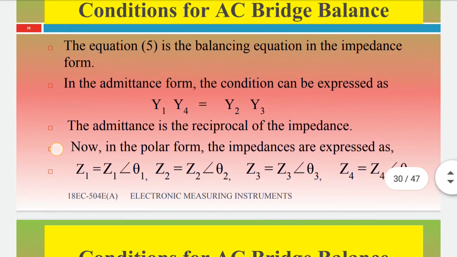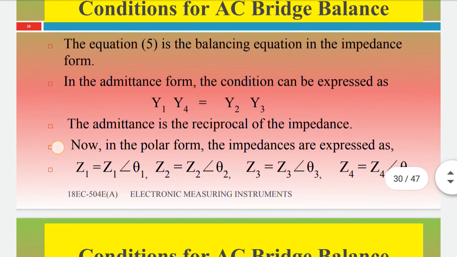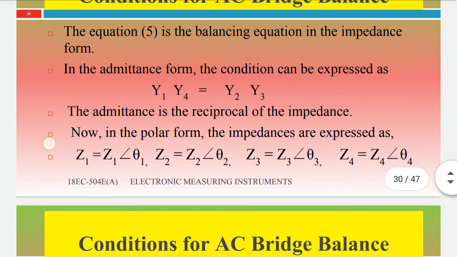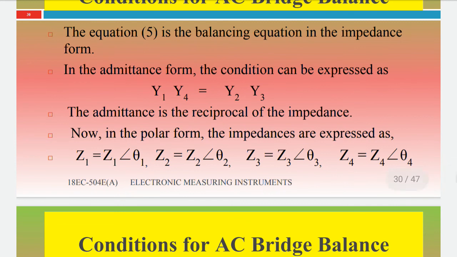Now in the polar form, the impedances are expressed as Z1 equal to Z1 angle theta 1, Z2 equal to Z2 angle theta 2, Z3 equal to Z3 angle theta 3, and Z4 equal to Z4 angle theta 4. This is the polar form.